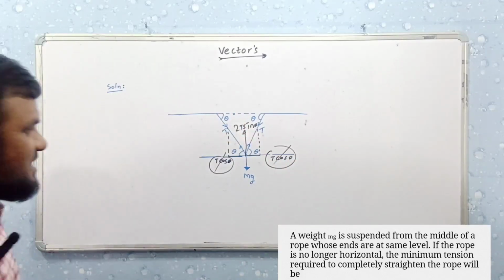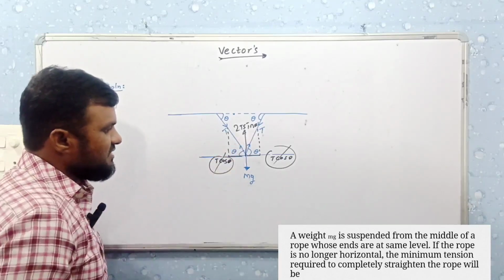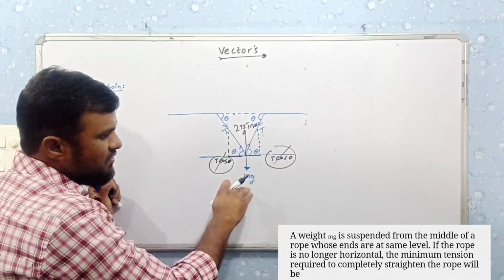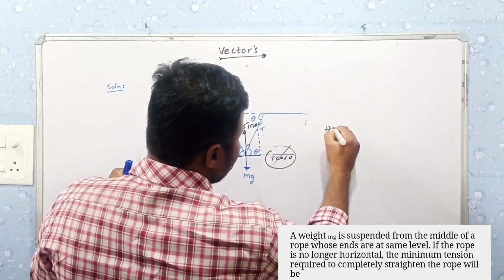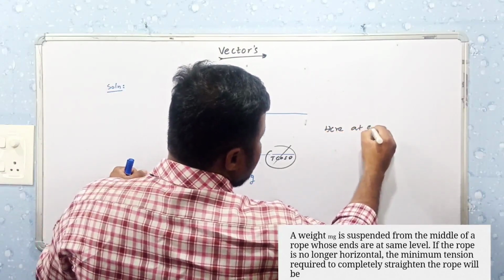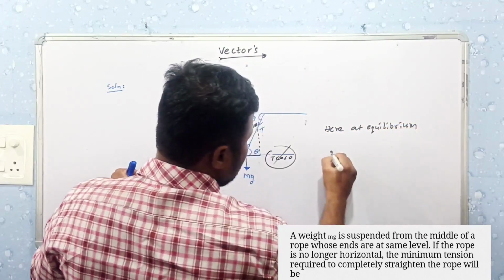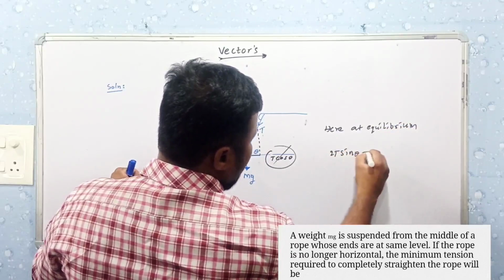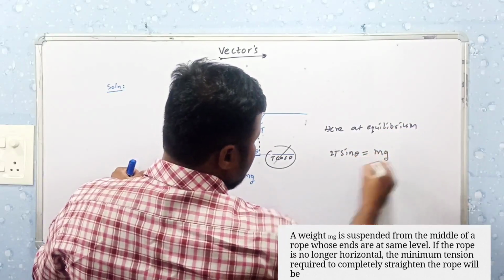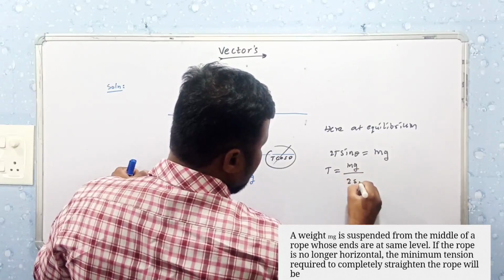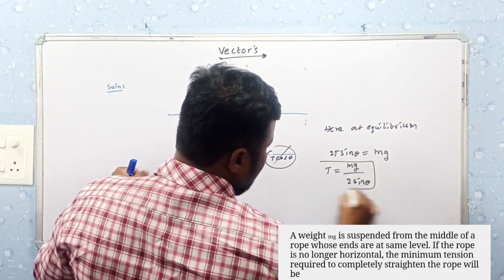Now the situation is at equilibrium condition. At equilibrium, net upward forces equal downward forces. So 2T sin theta is equal to mg, or T is equal to mg by 2 sin theta.